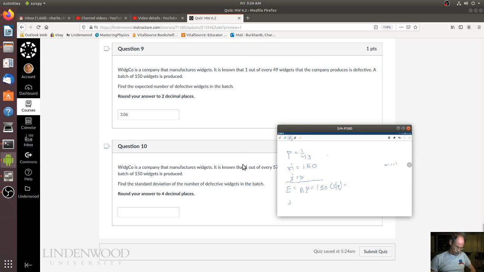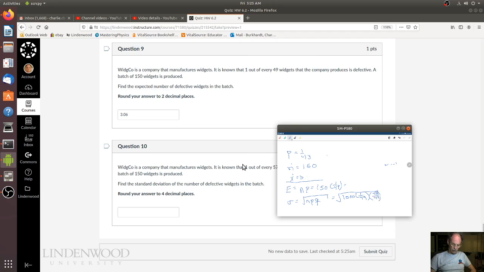Sigma is equal to the square root of NPQ. Okay, so in this case, that's the square root of 1,000 times 1/49th times 48/49.